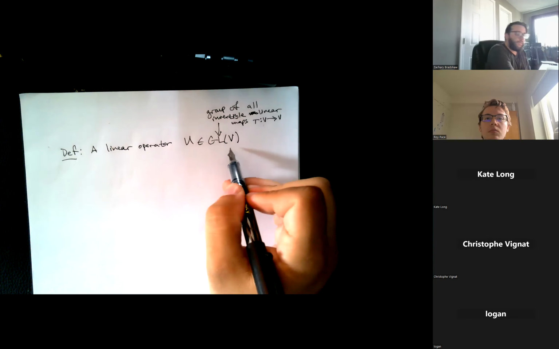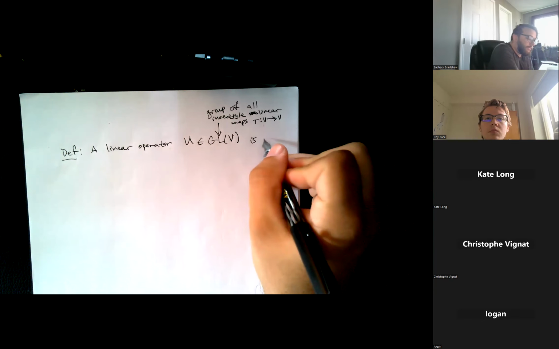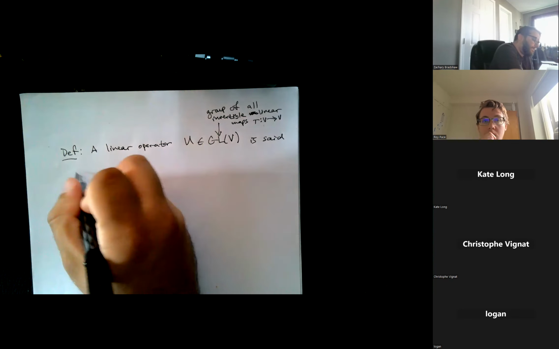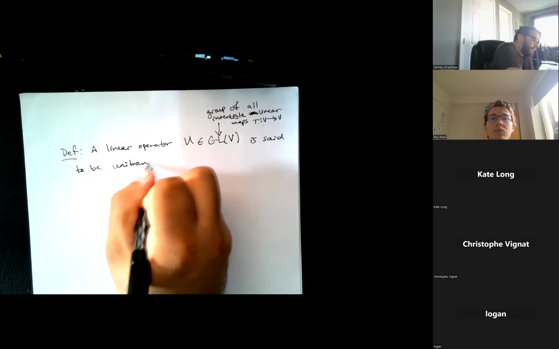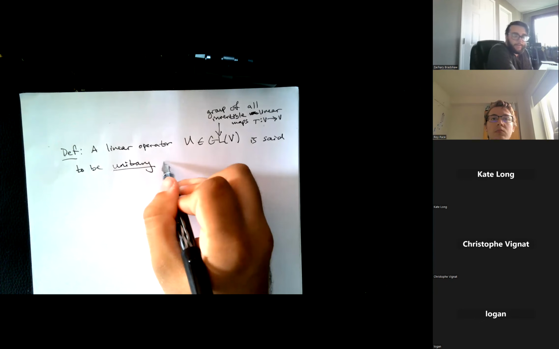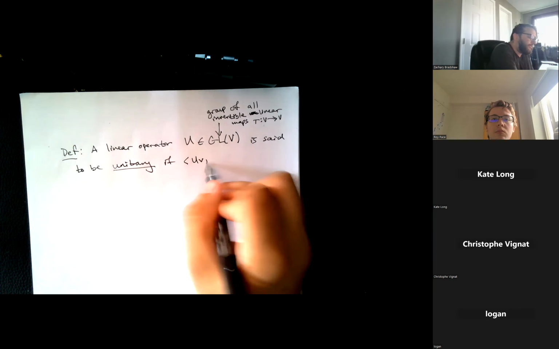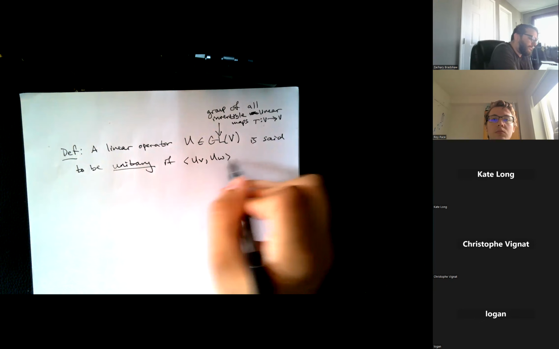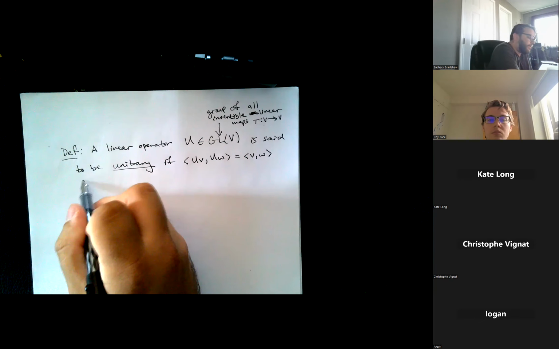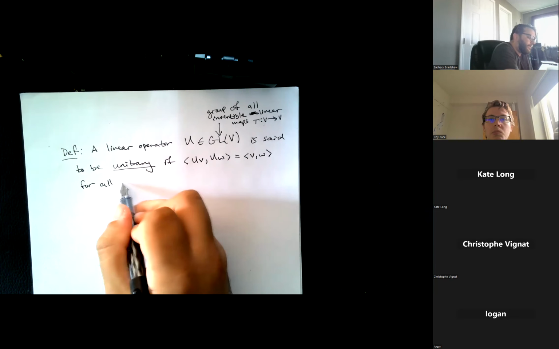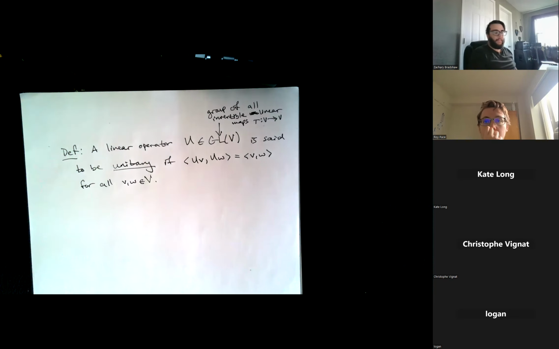So a linear operator U in this group is said to be unitary if the inner product of U acting on V with U acting on W is equal to the inner product of V with W for all V, W in our vector space.